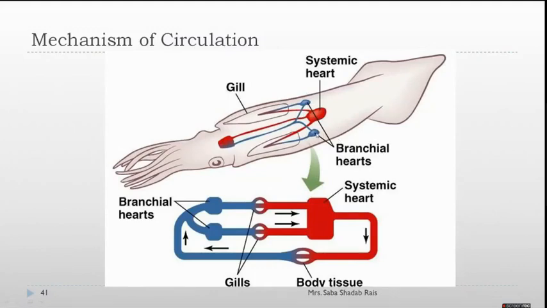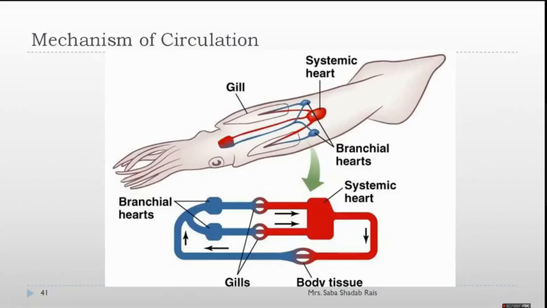This branchial heart will take blood to the gills, or you can say the ctenidium, and from the ctenidium the blood will get oxygenated. From this point onwards it is going to return the blood into the branchial heart, sorry, your systemic heart, and from the systemic heart it will go to the rest of the body.